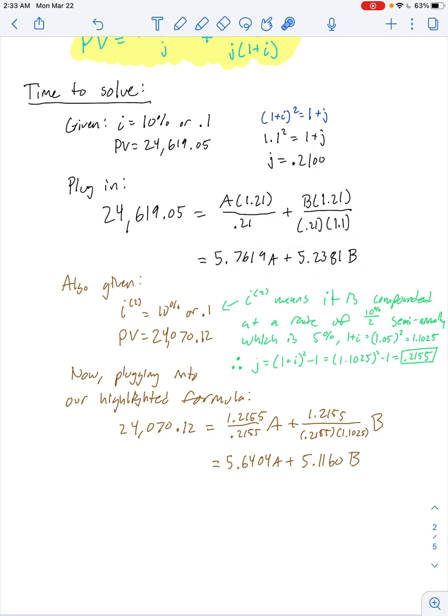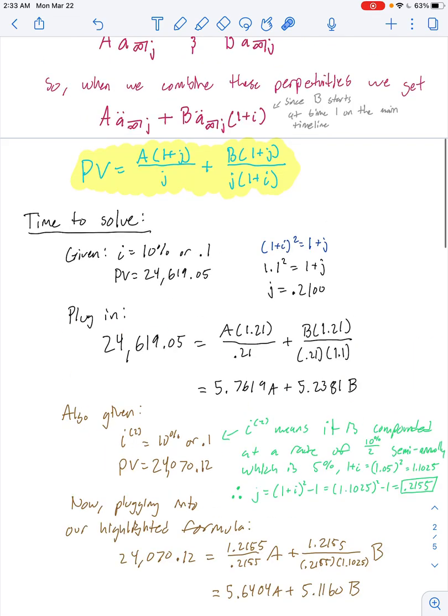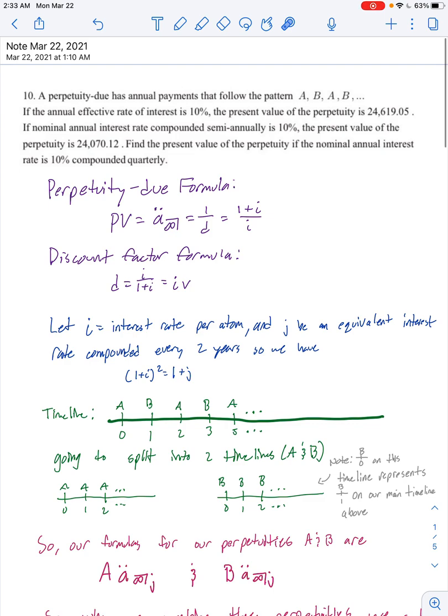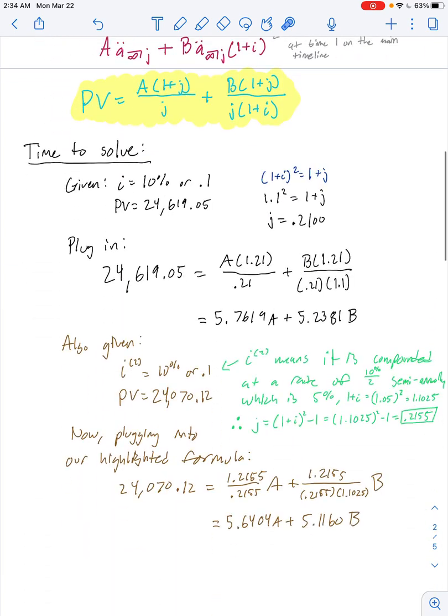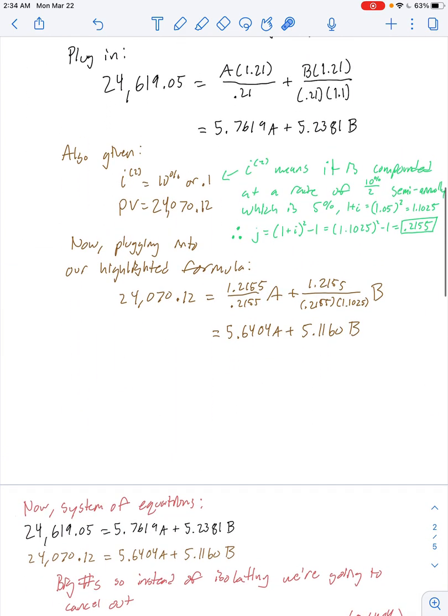And then in a different color, to separate the two, you're also given that I is compounded semi-annually, 10%, present value is a different number that looks the same, which is kind of annoying, but whatever.